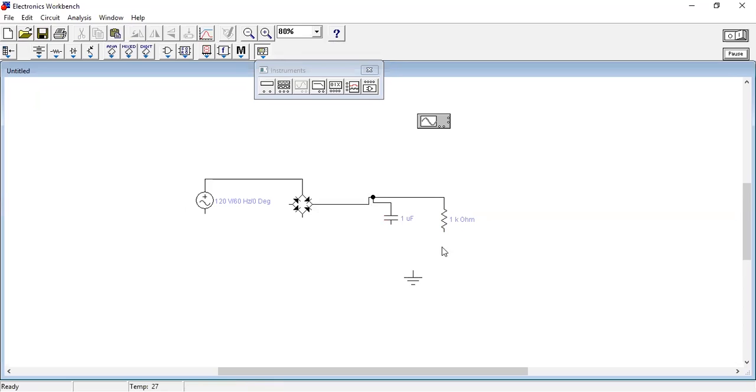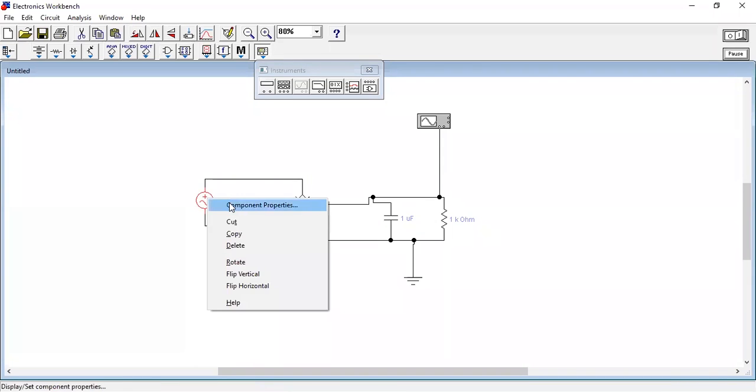Okay, and we want to find the output, so oscillator to resistance is the output. We can change the voltage value at 50 hertz, capacitor value 100 microfarad and resistance 500 ohm.